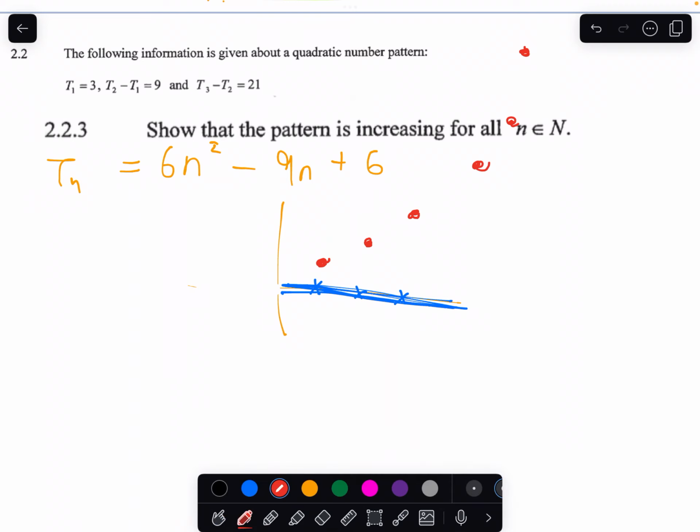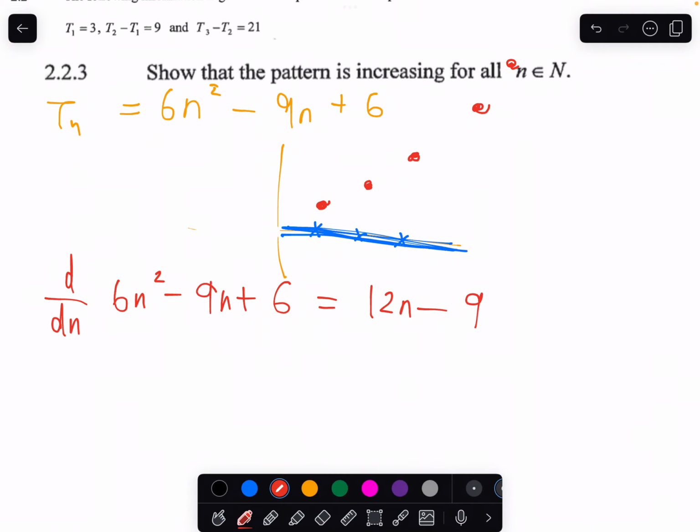So we can figure out the first derivative of this, which is 12n minus 9. And we want to see, when is 12n minus 9 greater than 0? When is this first derivative positive?